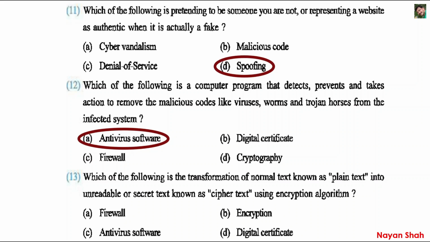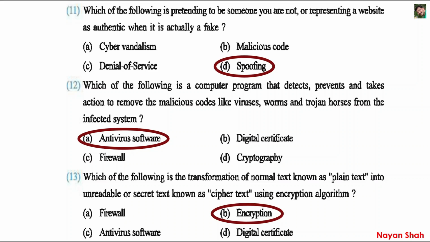Fine. Next question, question number 13. Which of the following is the transformation of normal text known as plain text into unreadable or secret text that is known as cipher text using encryption algorithm? Now the question itself gives you the answer, so that is encryption.